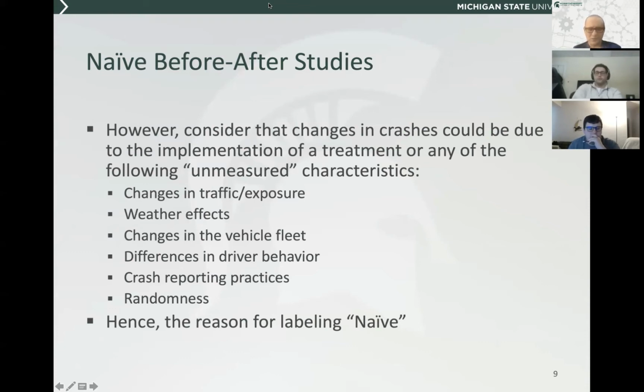And then also just general randomness and uncertainty associated with our crash data. And there are ways that we can more intelligently control for some of that variability through some different study designs. But in any case, there are a wide range of different factors that could come into play. But the real big driver here would be just changes in traffic volume, essentially. Okay.